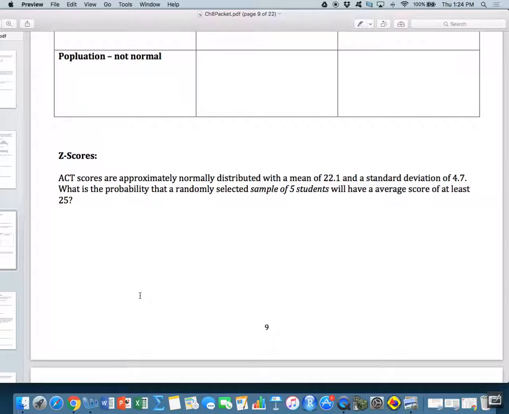I have a normal distribution, so I'm going to have to do normal CDF or use a table. But what's really important is that it tells you that it's a sample of 5 students and an average score. So this question is asking, what's the probability that my average score, my x bar, is at least 25, so greater than or equal to 25. That means that we are looking at the distribution of x bar, not of x.